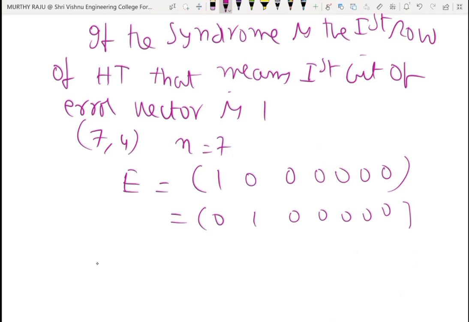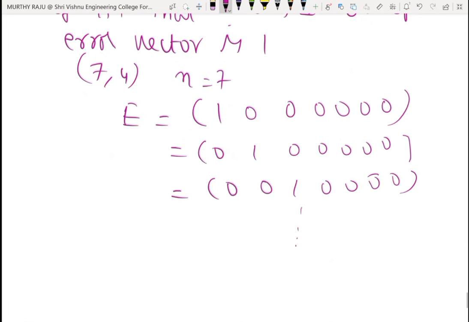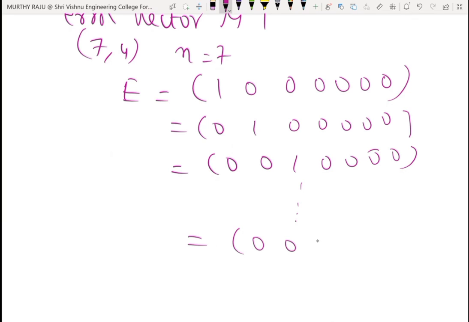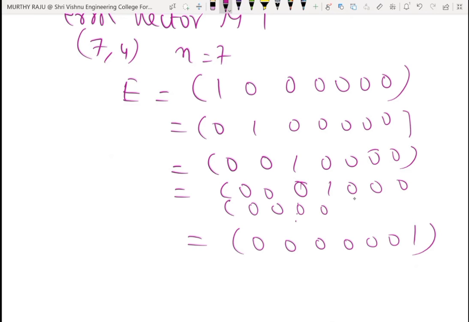If the syndrome is the third row of H transpose, that means the third bit of the error vector is 1, that is 0, 0, 1, 0, 0, 0, 0, and so on. Finally, the last one is 0, 0, 0, 0, 0, 0, 1.